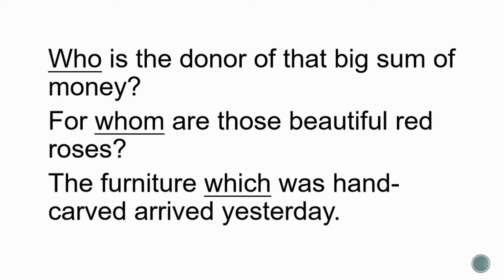Who here refers to the donor, referring to a person. Next example, for whom are those beautiful red roses? Whom here again refers to a person. Next example, the furniture which was hand carved arrived yesterday. Here, which refers to furniture, which is a thing.